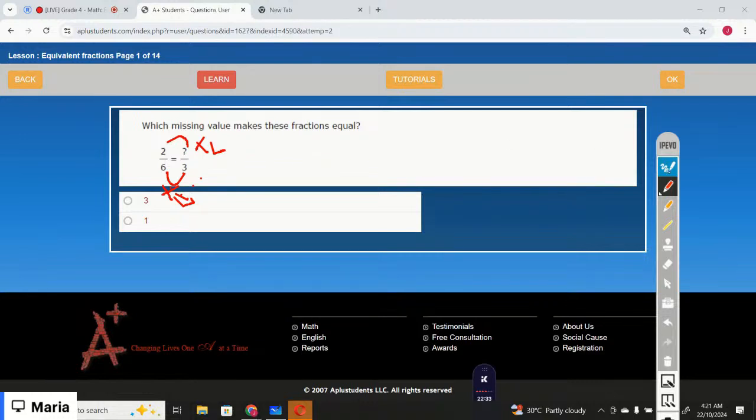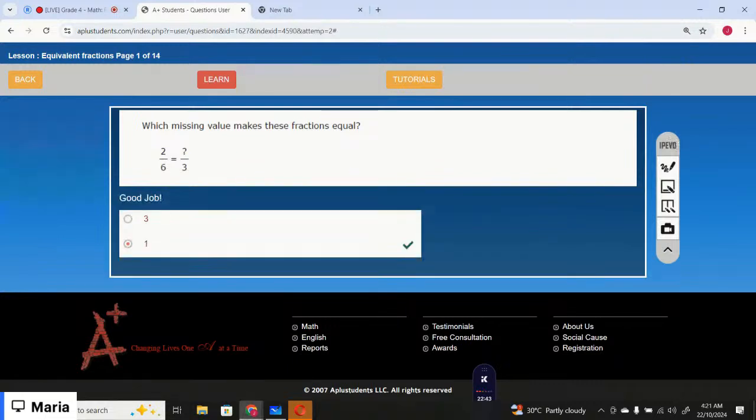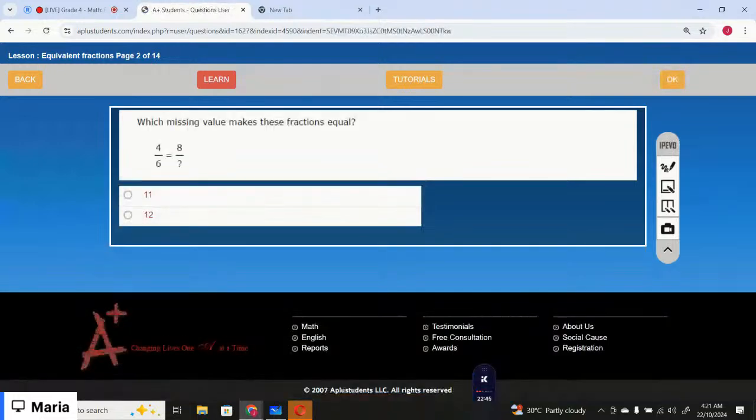So the correct option is 1 over 3. 1 over 3 it is, not 3. That is 1 by 3. Okay, which missing value makes these fractions equal? So which value is missing?